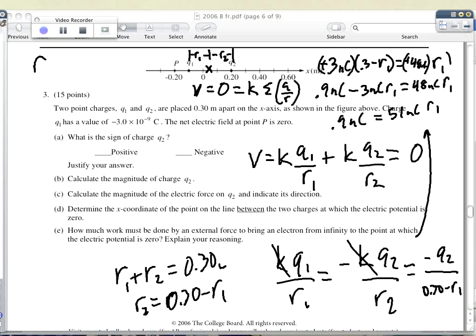ooh, that's weird. R1 becomes 0.9 over 51. Sorry, not 0.51, just 51. And I don't know what that becomes. Some really tiny number. Because 1 divided by 50 would be, what, 0.02?